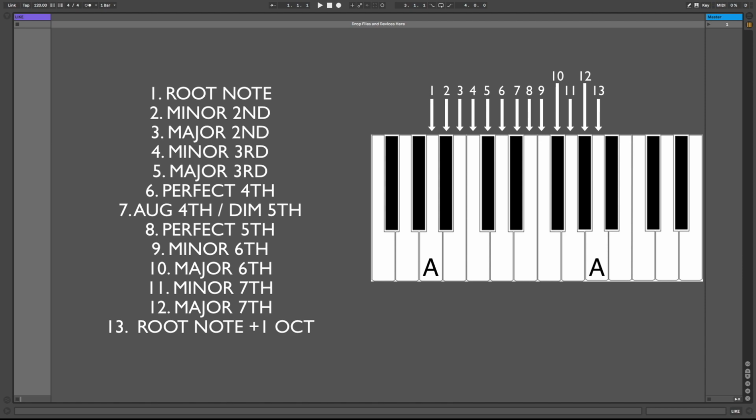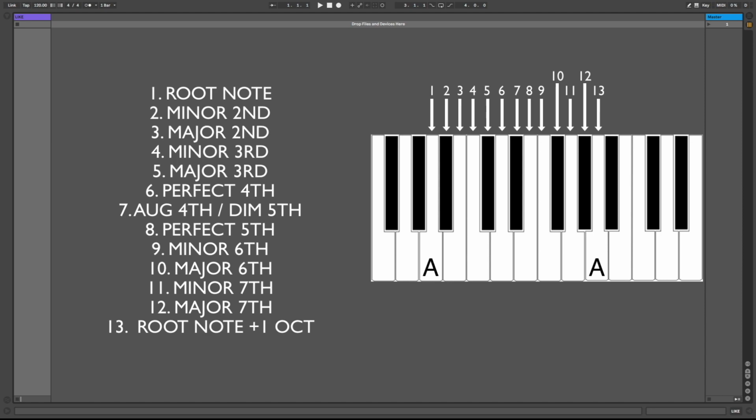Now, I should also mention that scale degrees are also commonly spoken of as intervals, meaning the word usually used for scale degrees is intervals. Now, the word interval, by definition, is the distance between 2 notes.